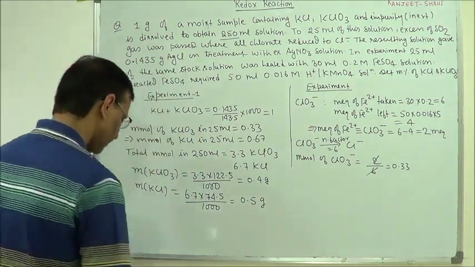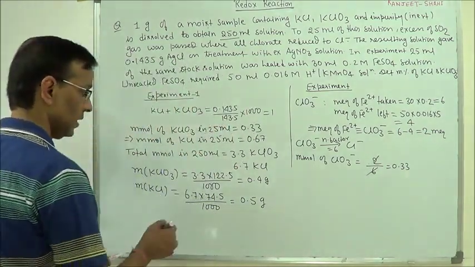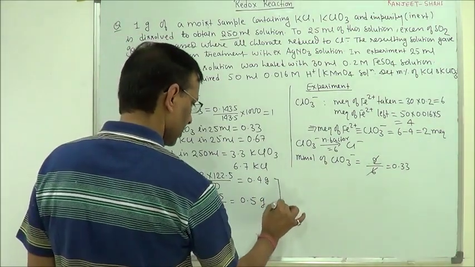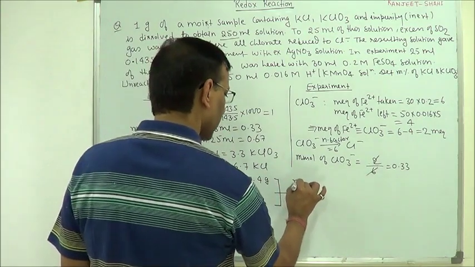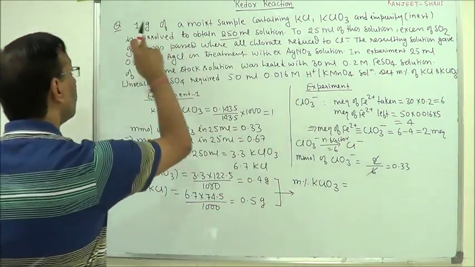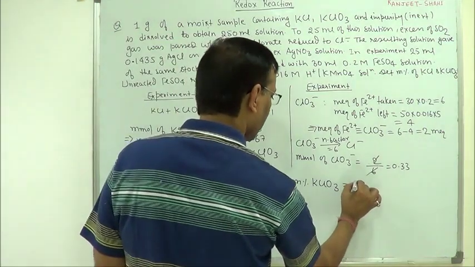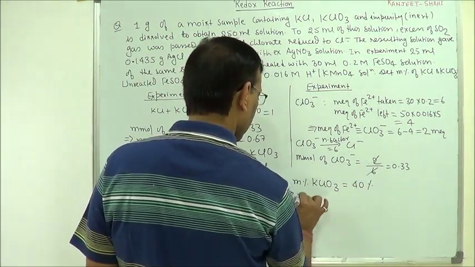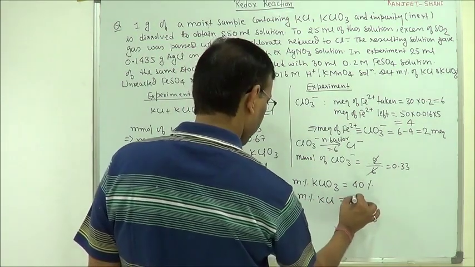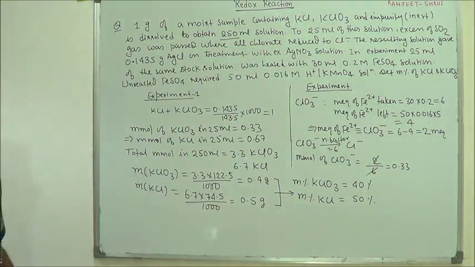So that will give the mass percentage. Sample mass is 1 gram. So 1 gram contains 0.4 gram of KClO3, so 40%, and mass percentage of KCl is 50%, 0.5 gram in 1 gram, so 50 gram in 100 gram.